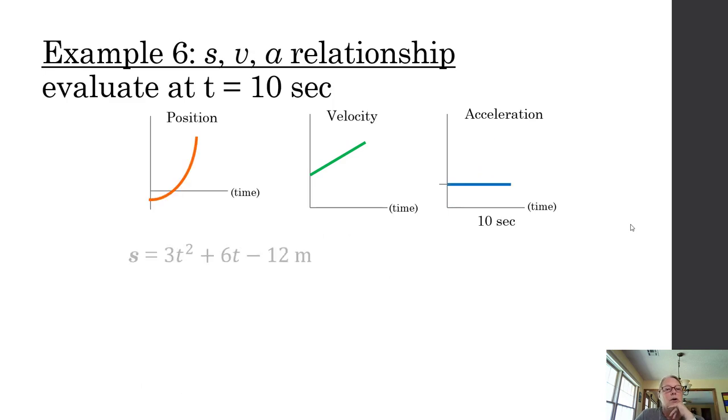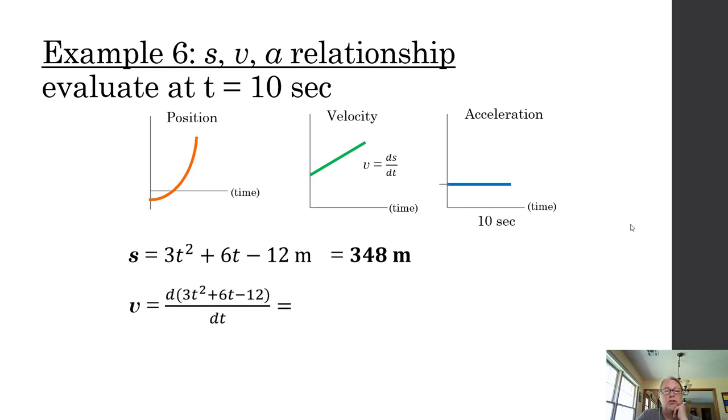Okay, so here's an example. Here our position is given by an equation of 3t squared plus 6t minus 12 meters. Okay, so if I am wanting to get to velocity, I can see that from that position, I'm going to be going linear. That's going to be taking a derivative. At 10 seconds, I am at 348 meters. So how can I get to the velocity? I can take the derivative of my position. There's the derivative.